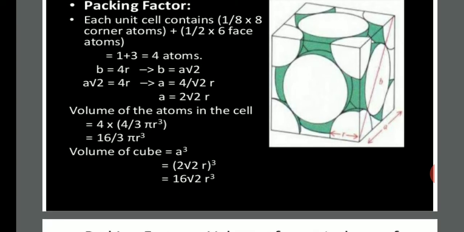Packing factor: each unit cell contains 1/8 into 8 corner atoms and 1/2 into 6 face atoms. So the total number of atoms per unit cell is equal to 4. Here the face diagonal is 4r. So a root 2 equal to 4r, so a equal to 4 by root 2 into r, or 2 root 2 r.